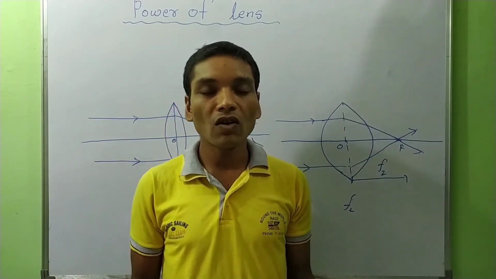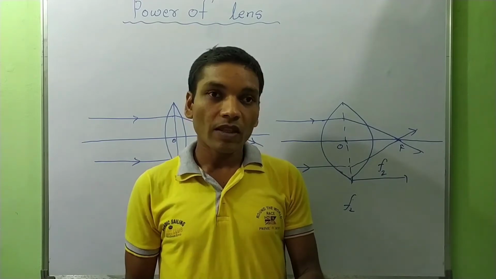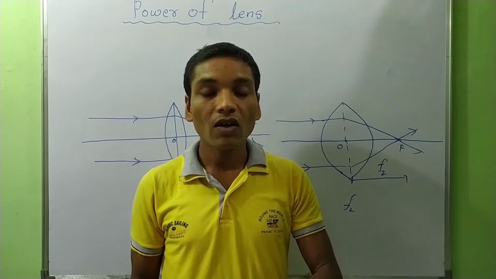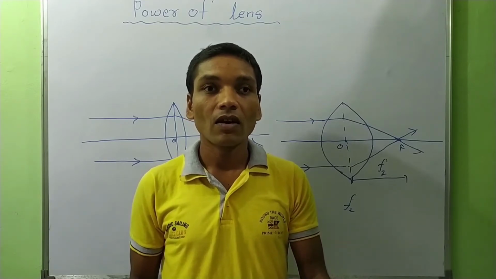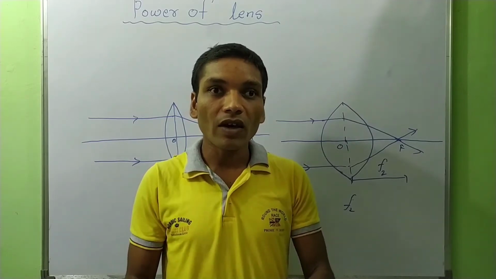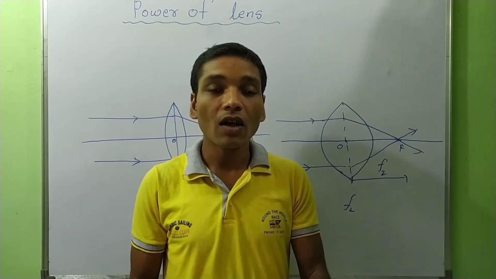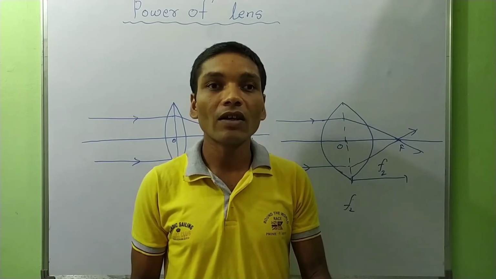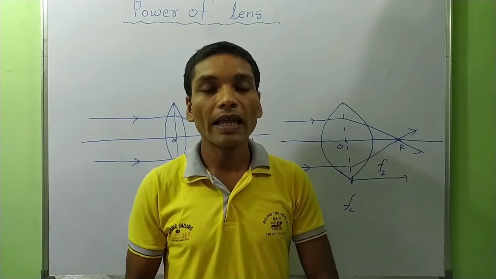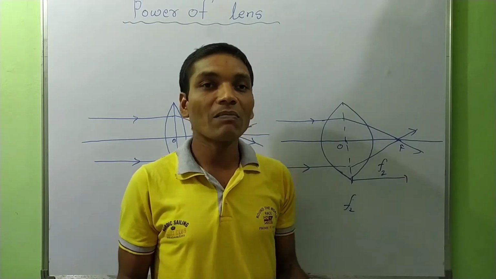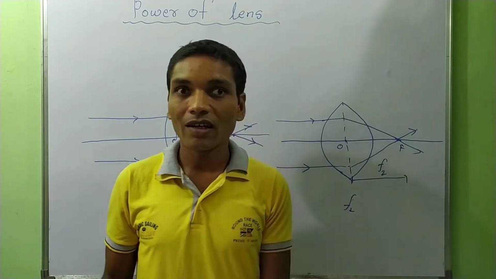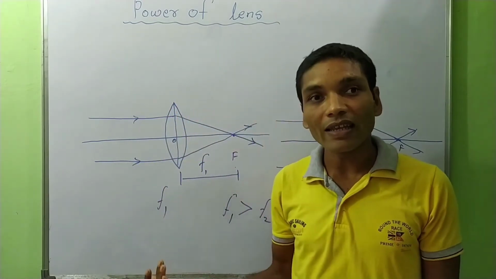So what is the definition of power of lens? The power of lens is the ability to converge or diverge light rays. Okay, means the converging ability or diverging ability of the lens is called the power of lens. So the converging power of thick lens is more than the converging power of thin lens.